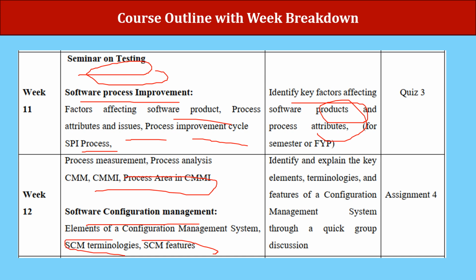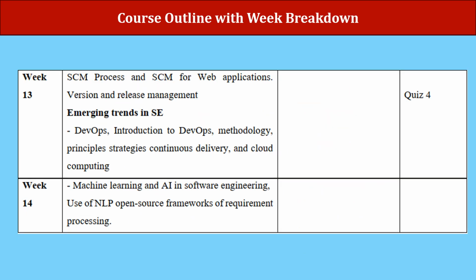And then we identify and explain key elements, terminology, features of configuration, and a quick group discussion. So remember this one, we have a group discussion in week 12. And we will discuss the SCM process in application to web development and the concept of version and release management.